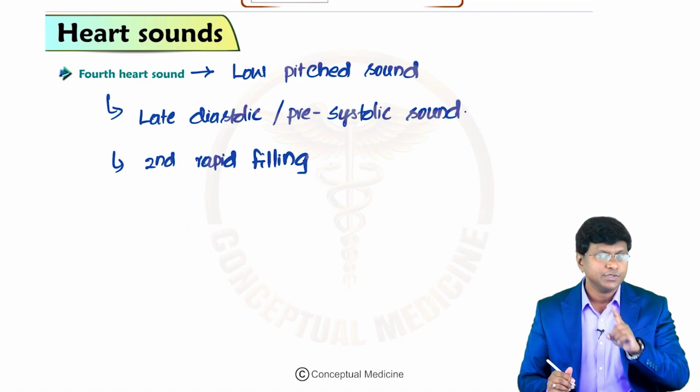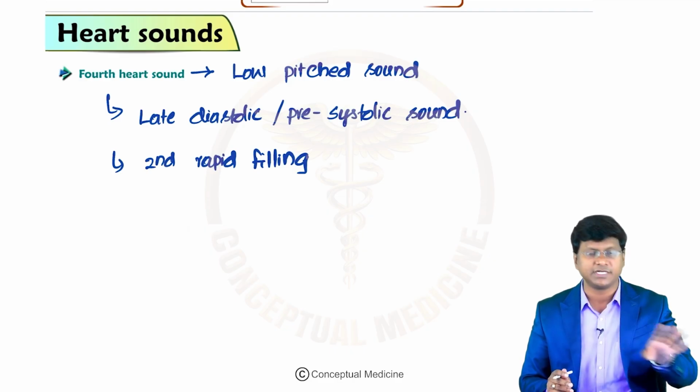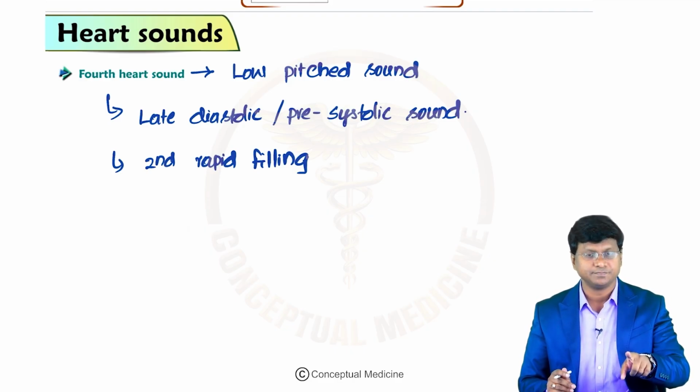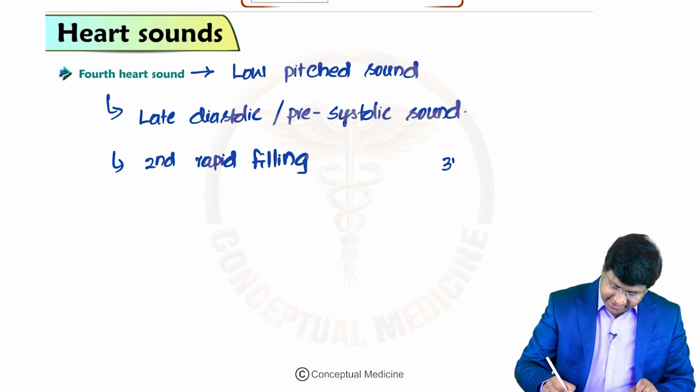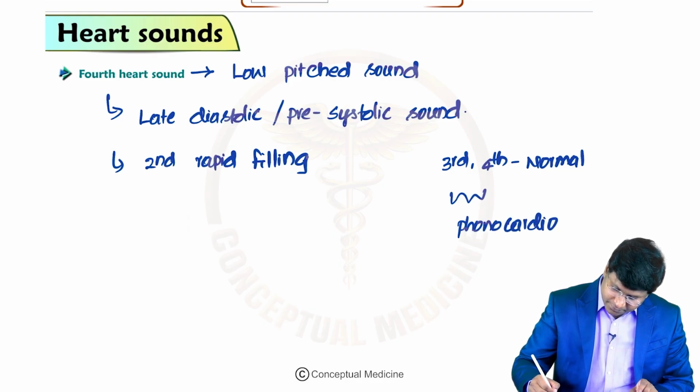But let me tell you, the third heart sound and fourth heart sound normally are not heard with the stethoscope. To listen to the normal third and normal fourth, you require a phonocardiograph.